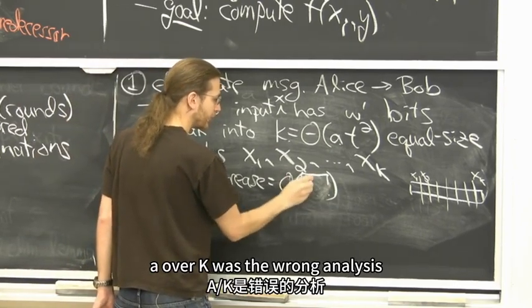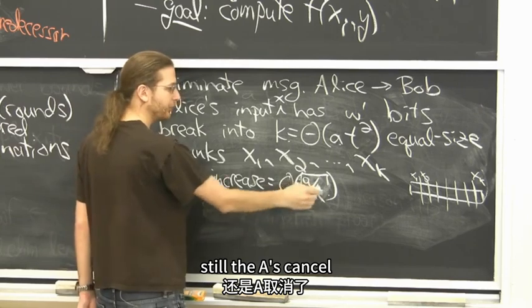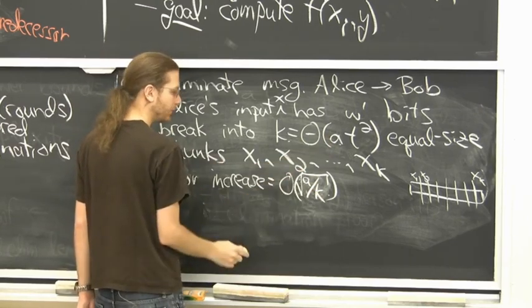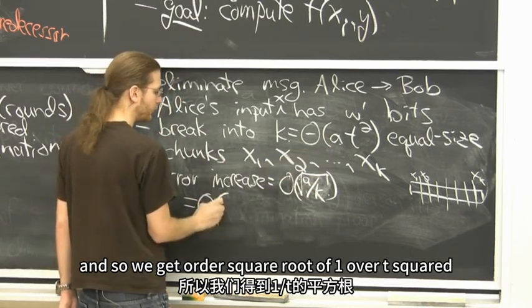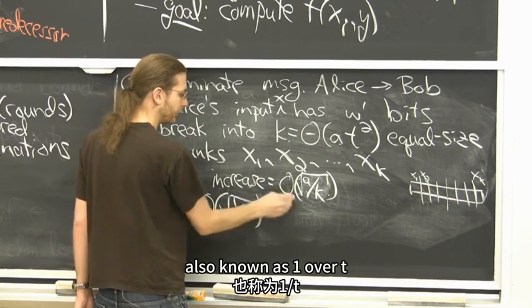A over k was the wrong analysis; square root of a over k is the correct bound. Now k is this, so the a's cancel, since k has an a factor. And so we get order square root of 1 over t squared, also known as 1 over t.